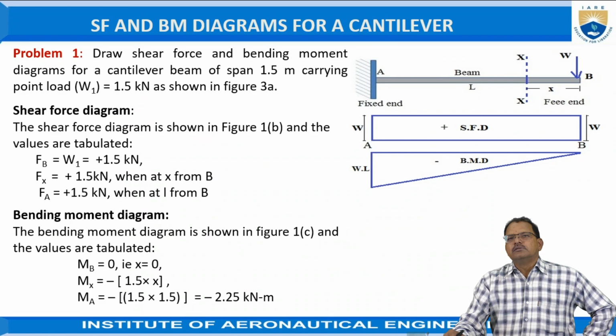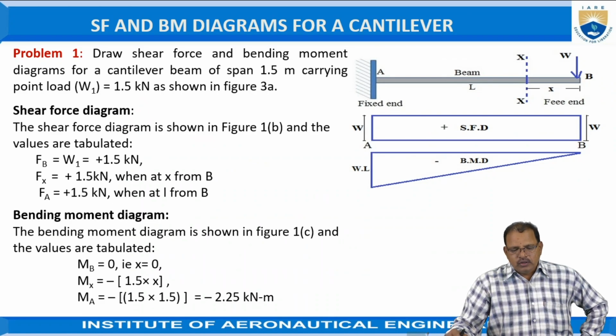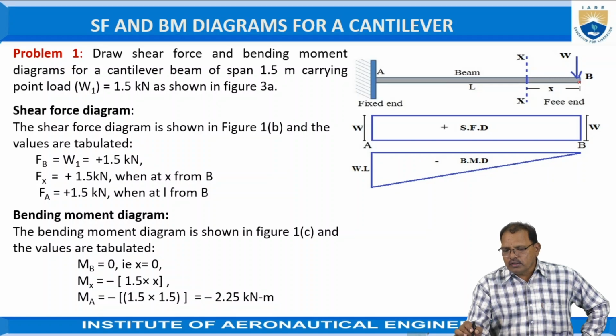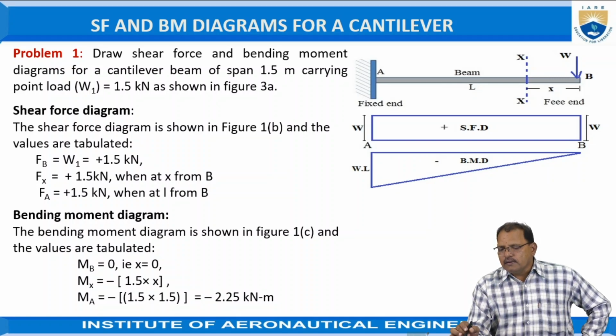Now, based on the shear force and bending moment diagrams for the cantilever, here we are taking one more problem. Draw the shear force and bending moment diagram for a cantilever beam of span 1.5 meters, carrying a point load W of 1.5 kilonewtons at B, as shown in the figure.